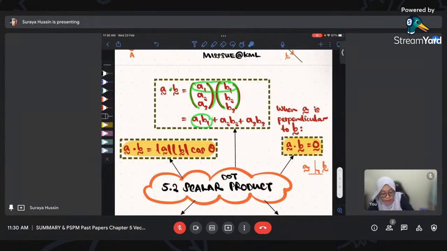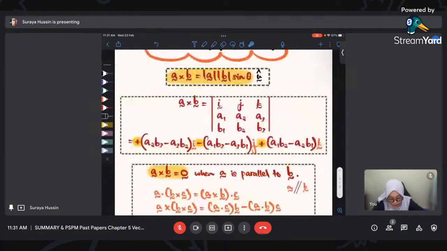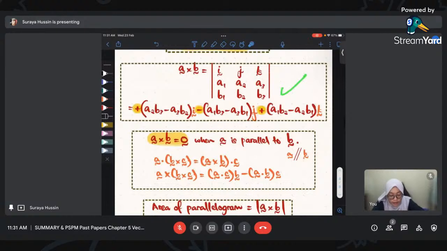Times A1, B1, and then plus A2, B2, and then plus A3, B3. So it's easy. So dot product is always easy, you know. Dot product memang pengiraan dia sangat simple and straightforward. Just kena make sure you faham cara nak tulis tu macam mana lah. Yang ni nanti saya ajar dalam example nanti.